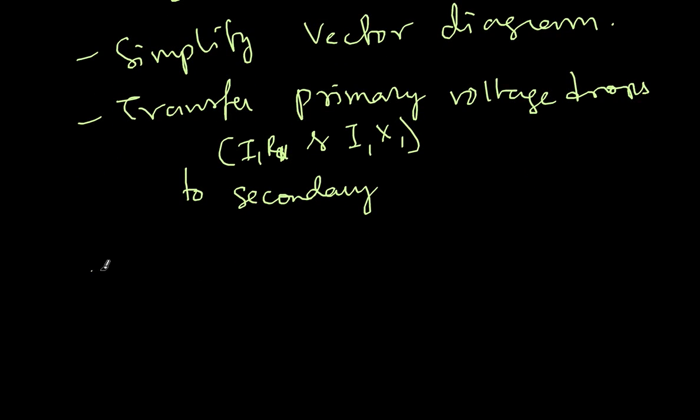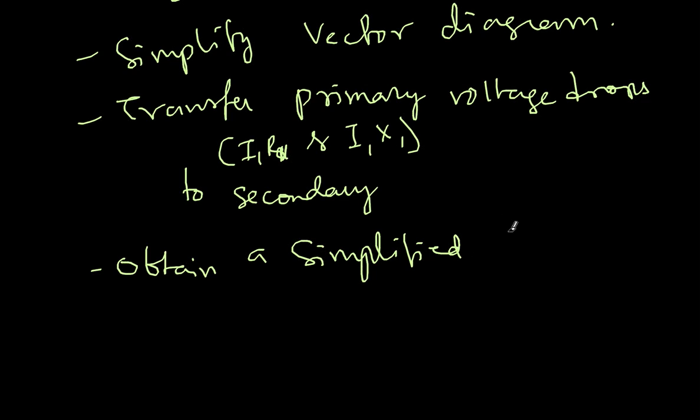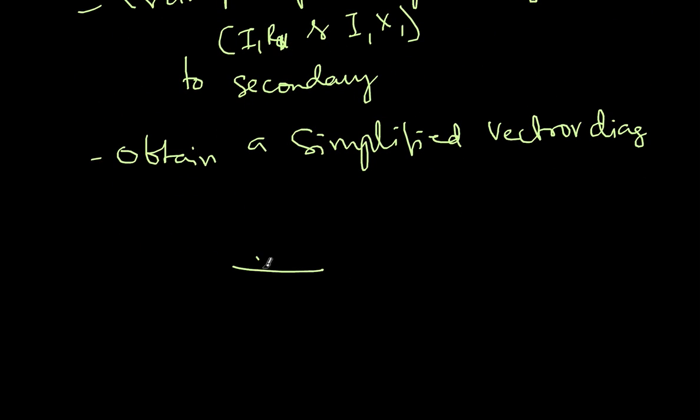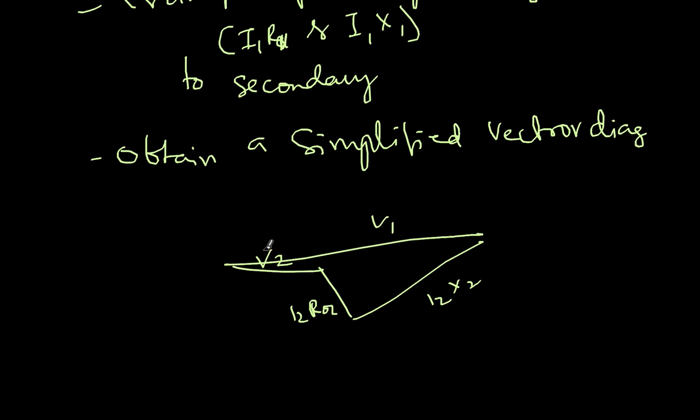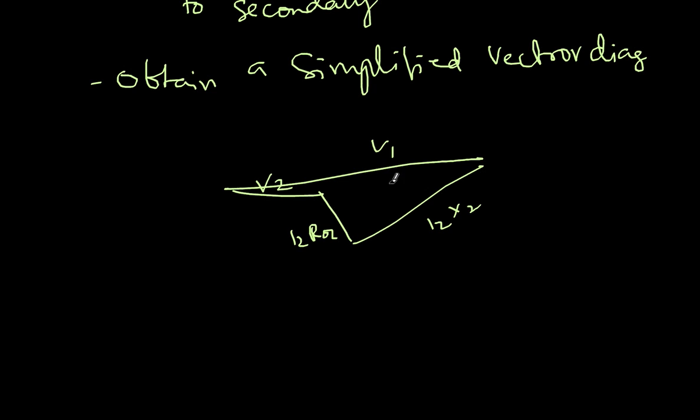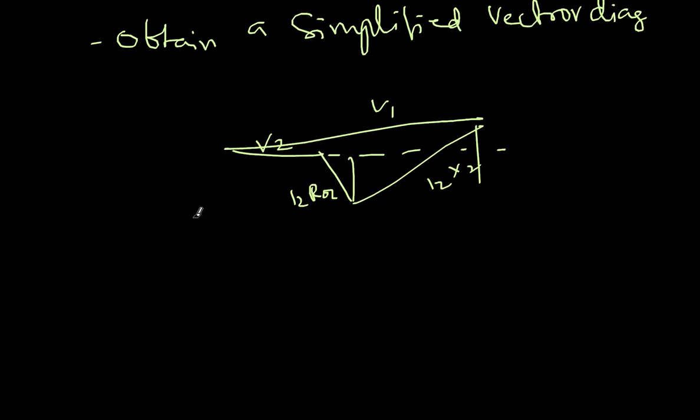Then from that we obtain the simplified vector diagram: V2, I2 R02, I2 X2, and then V1. From this, again with a trick, we obtained the approximate voltage drop.